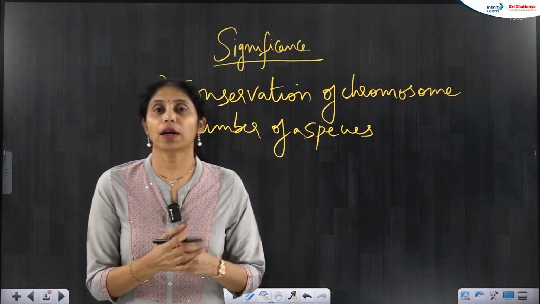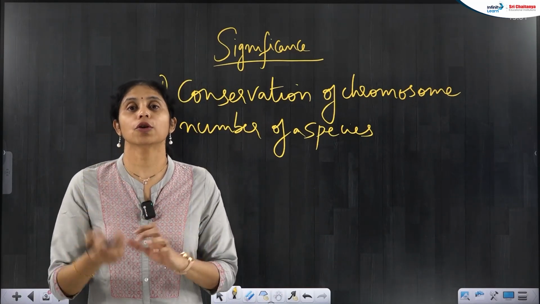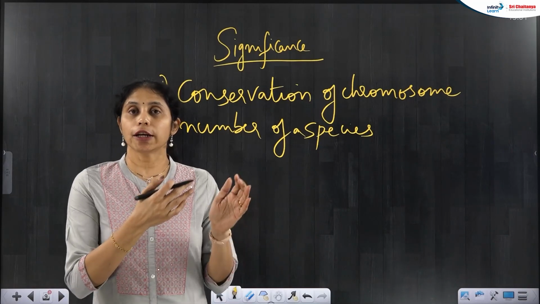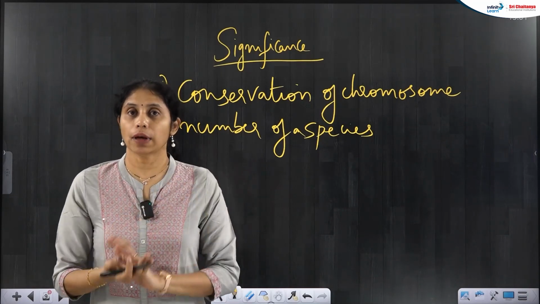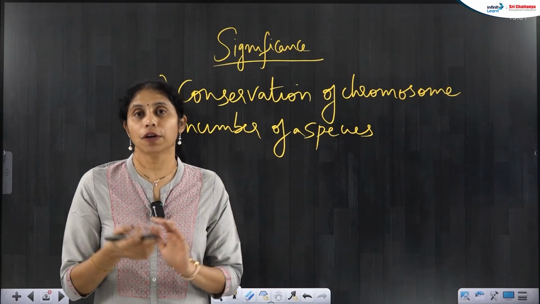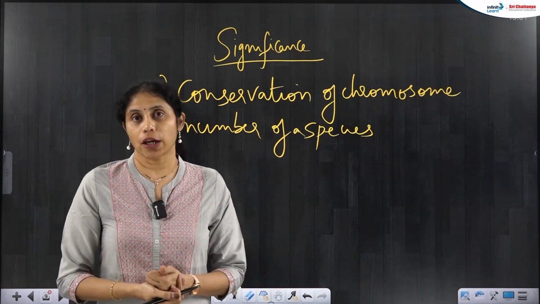It is going to maintain the constant chromosome number in a species because it is reducing diploid cells into haploid gametes, and then the haploid gametes will undergo fertilization to form the zygote.